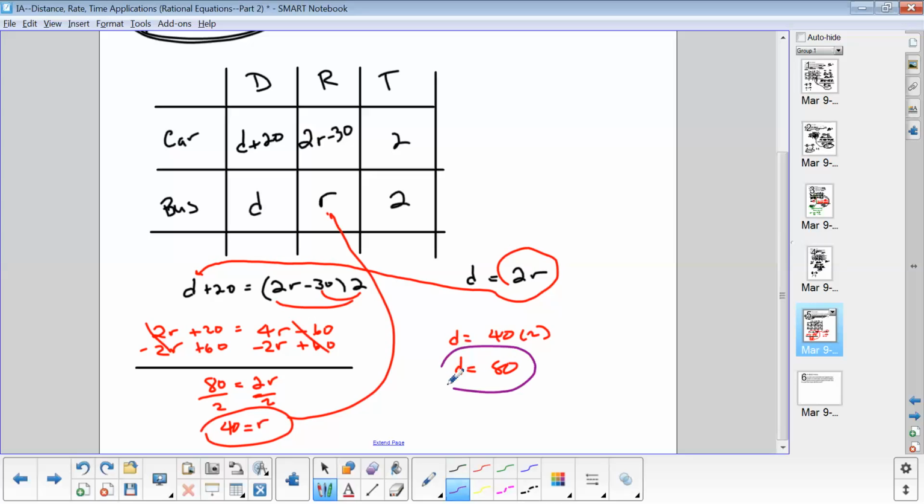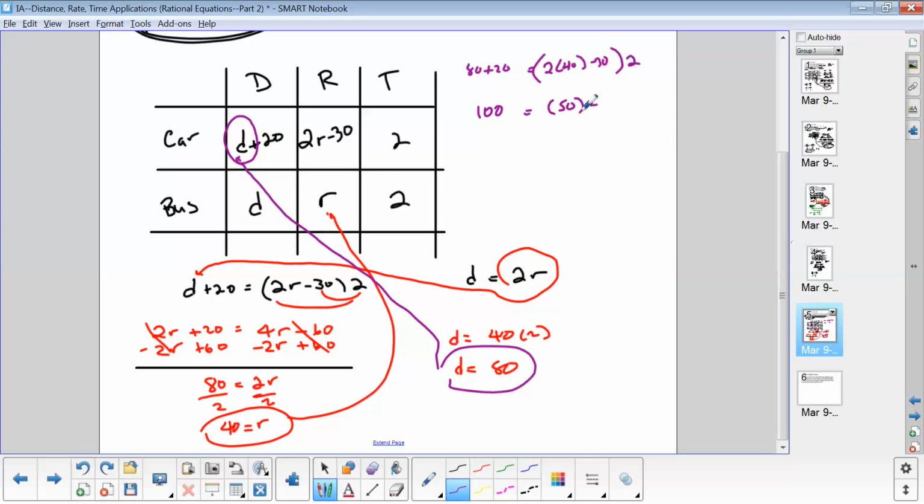Well, now that I know that, I can substitute here, and 80 plus 20 is 100. And I know the rate is 40. So 2 times 40 minus 30, all of that times 2. Well, 2 times 40 is 80. 80 minus 30 is 50.